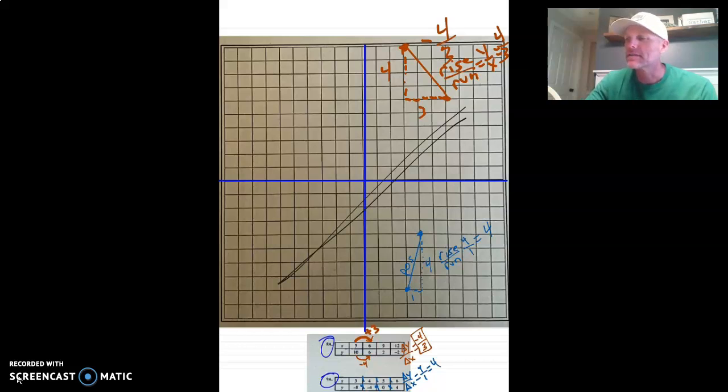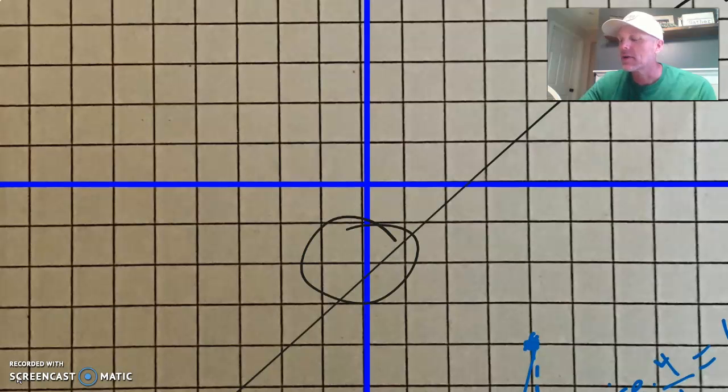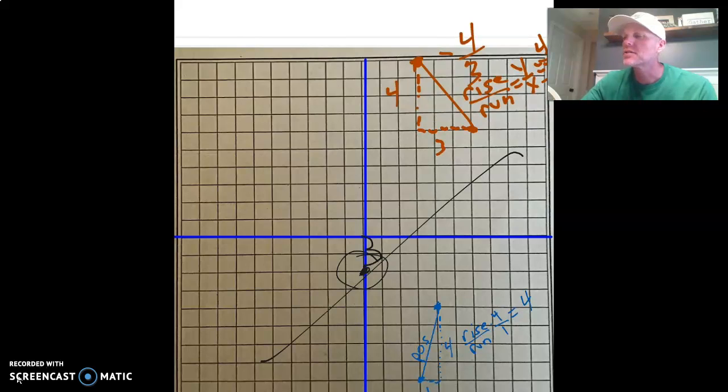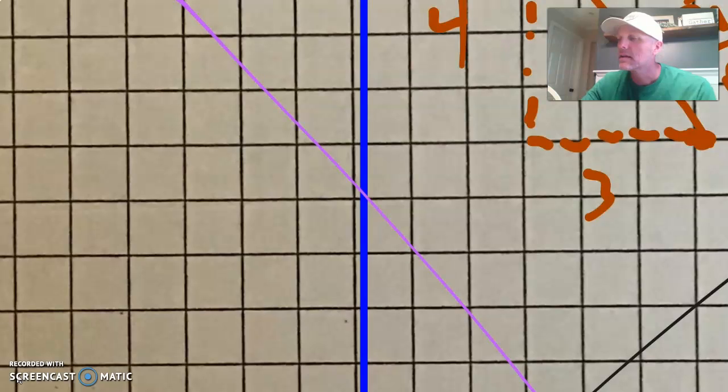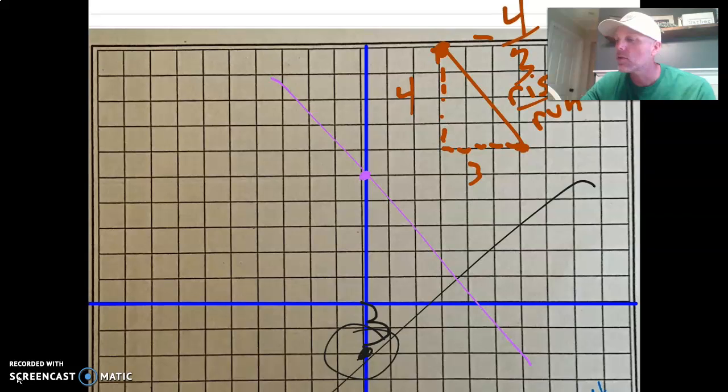If it crosses right there, I'll show you real quick, then the y would be 1, 2, because it crosses right there. Let me change colors. If it was that one, then it crosses right there, so the y would be 1, 2, 3, 4, 5.